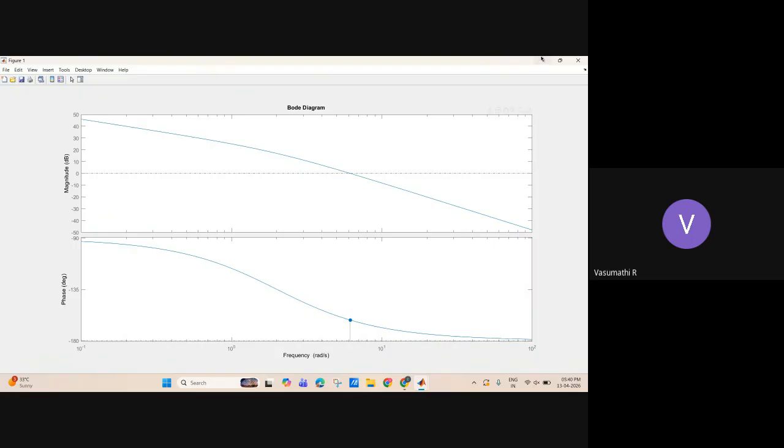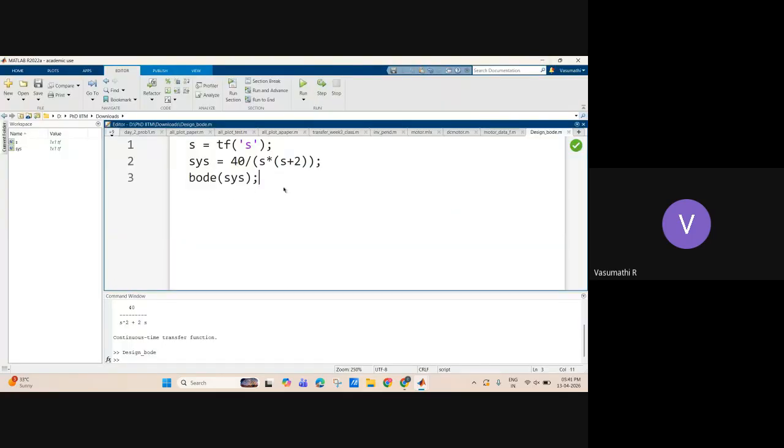Right. Now I am writing it here. Gain margin of my system is infinity. Phase margin of my system is 18. But what is the requirement?